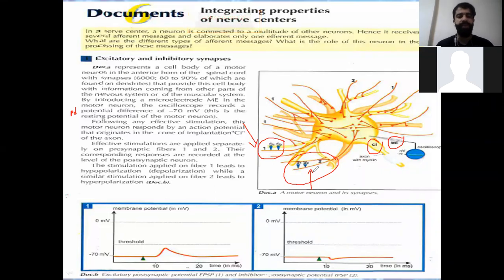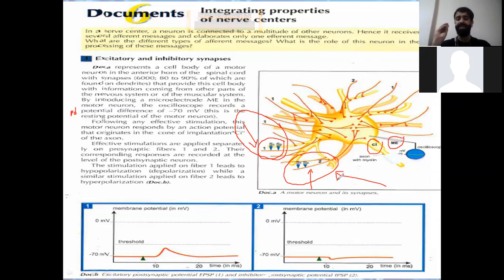The stimulation applied on fiber 1 leads to depolarization. This is shown in document B. While the similar stimulations that are applied on fiber 2 lead to hyperpolarization.